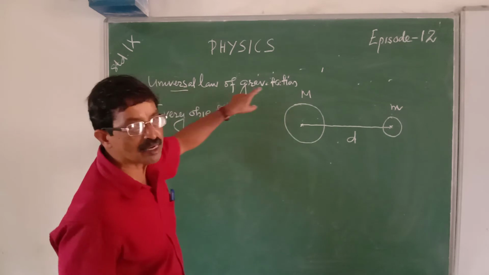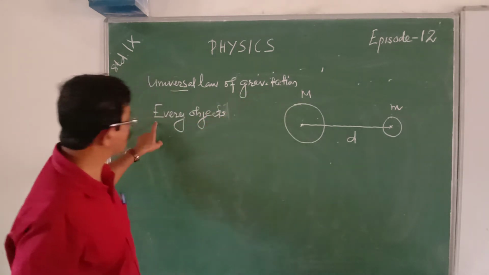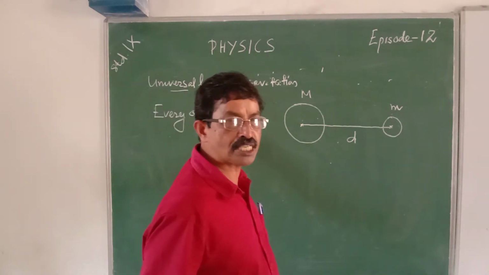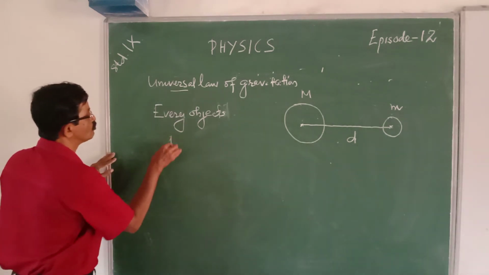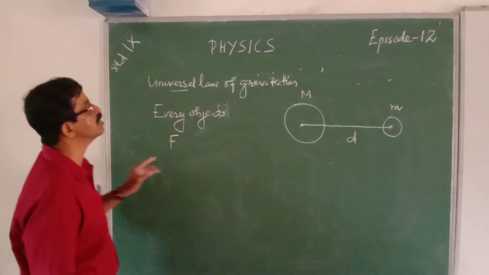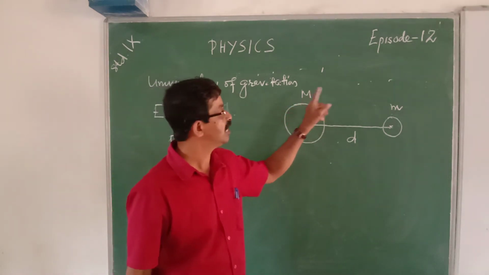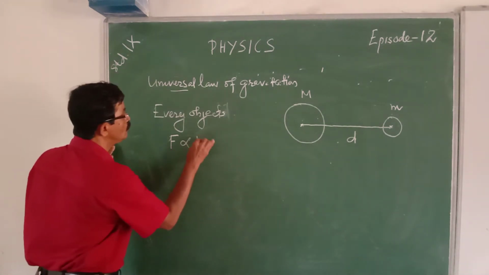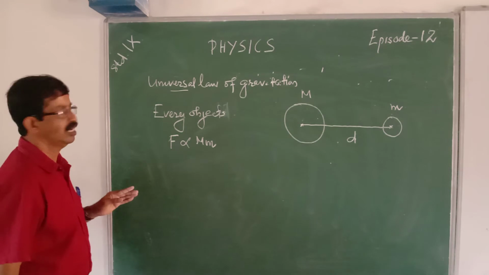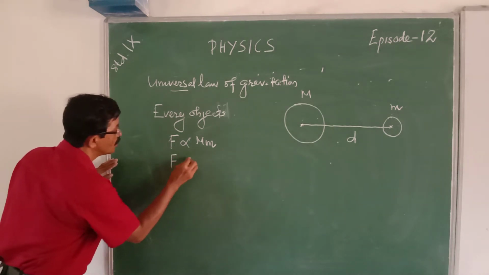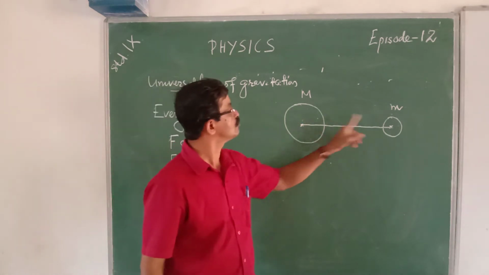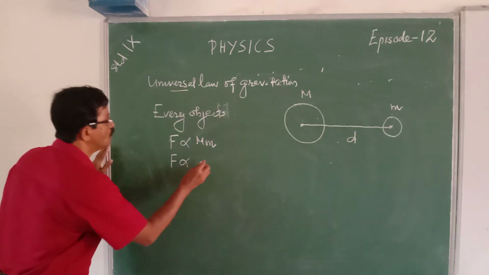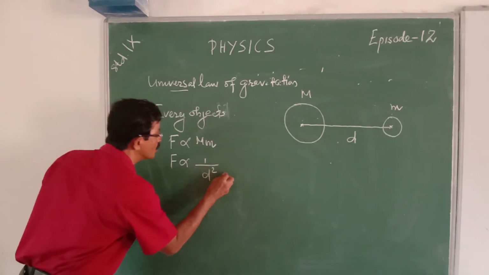Newton's universal law of gravitation says that the force is proportional to the product of their masses, M times m, and inversely proportional to the square of the distance, that is 1 by d square.